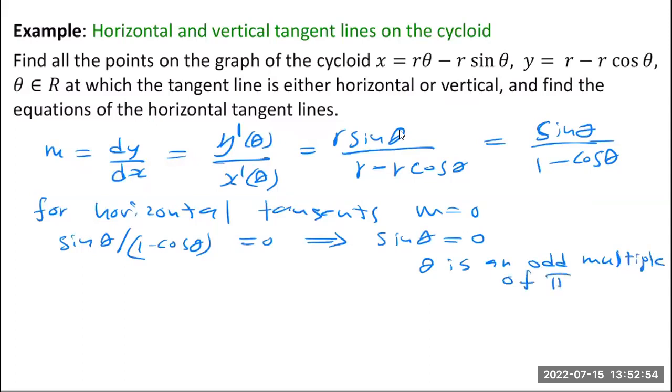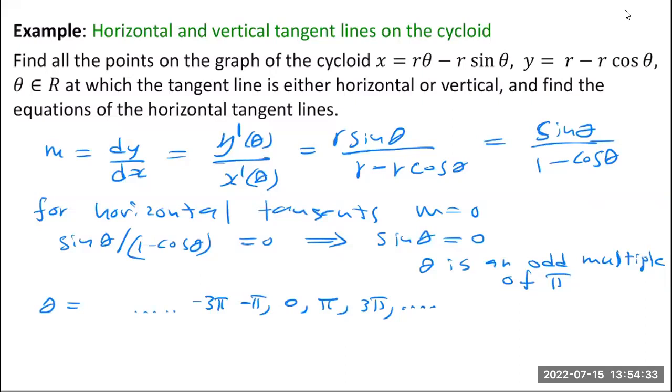Okay, that means pi, 3 pi, 5 pi, so on and so forth. Okay, you have negative numbers as well. All right, that gives you the points where you get horizontal tangents.